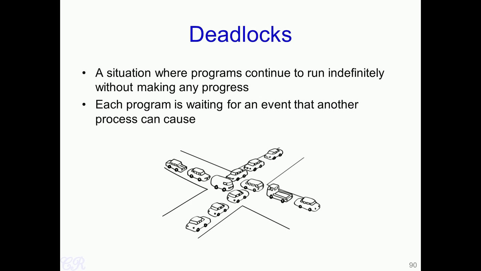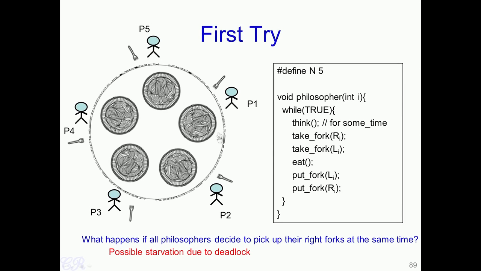In this case, each of the philosophers is waiting for a particular event, that is putting down the fork, which another philosopher should do. So, there is a circular wait that is present, and this leads to a deadlock, thereby starvation.